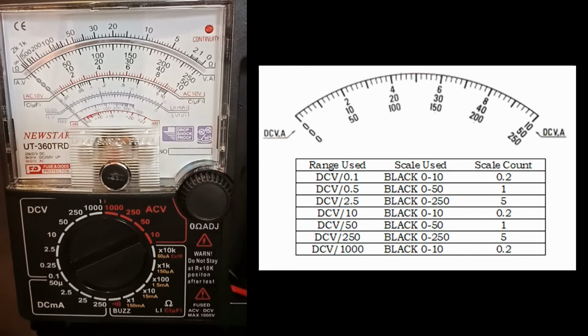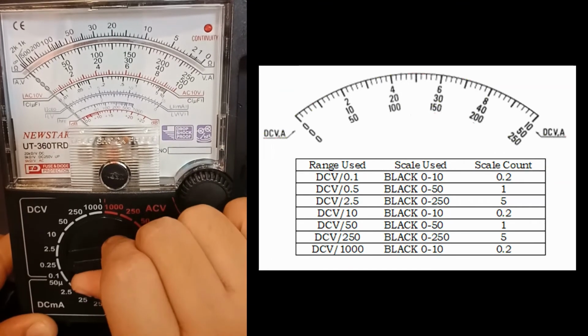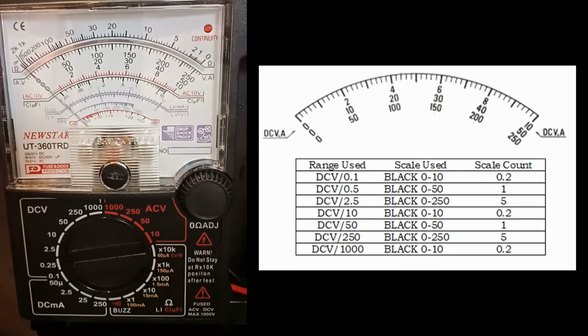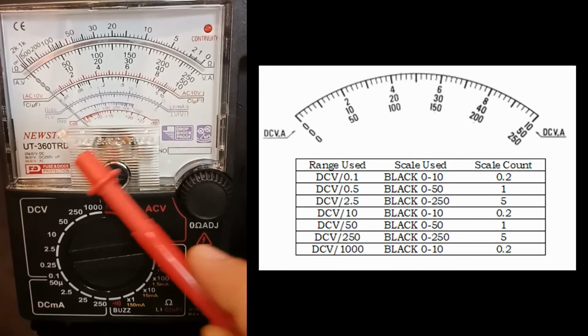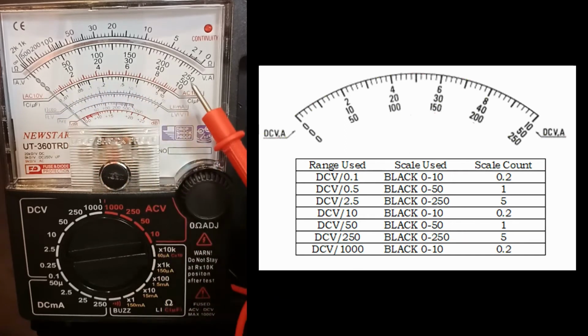Next, if we set 0.25 in our range, we are going to use the scale of 0 to 50.